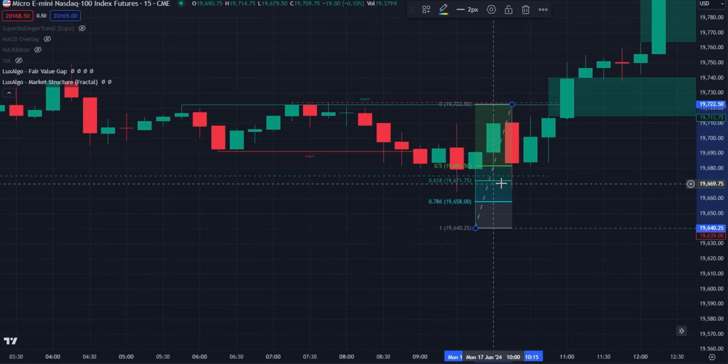Anywhere at 0.618 or below and down to 0.786 is the optimal trade entry zone.